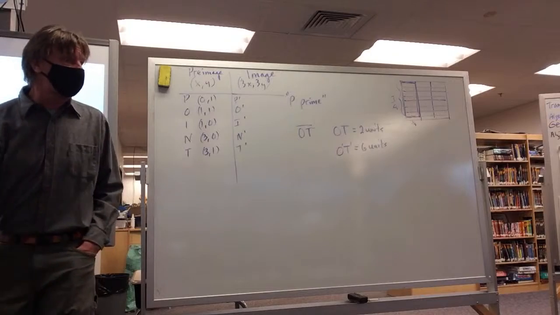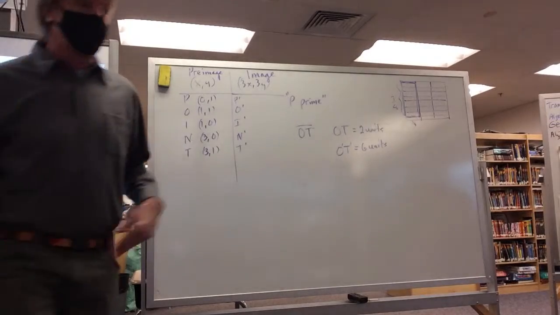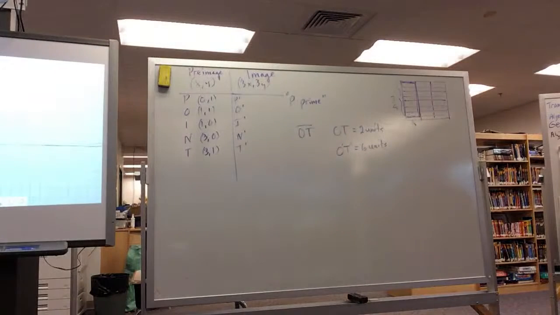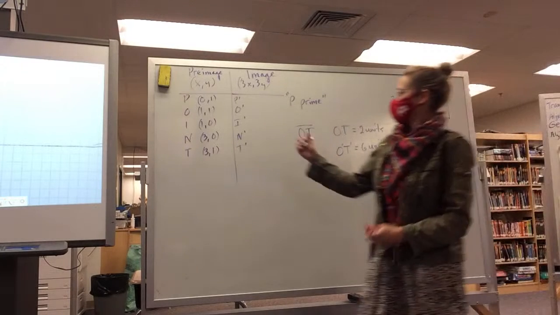Can I write on this thing now? Yeah, of course. Okay. So the next thing you're supposed to do is measure from O prime to T prime, but we have to have these points labeled. If this is point P, this is P prime, which is 0, 3. This is O prime, this is O. So P to O becomes P prime to O prime across here.